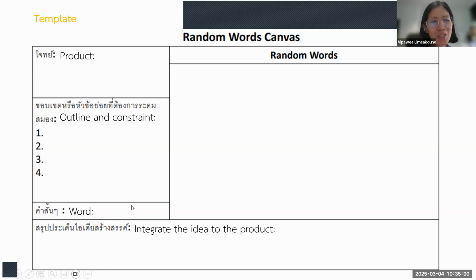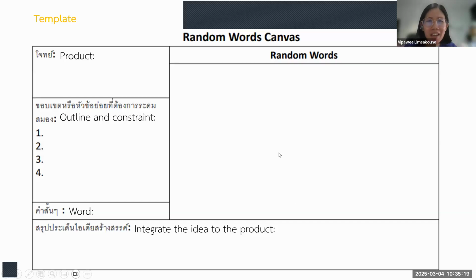You select the word. Okay, and then from here you write this word in the middle, and then you branch it out regarding the characteristics of that word or what you thought of about that word.